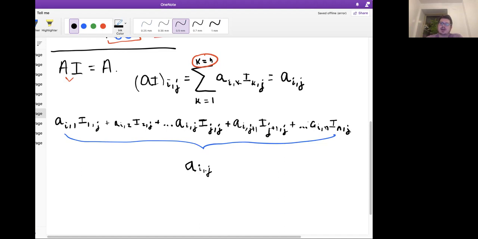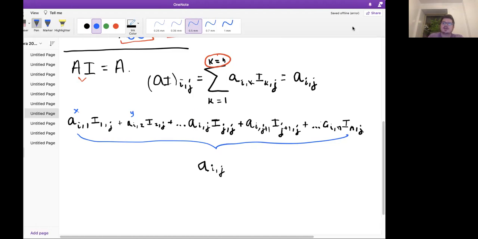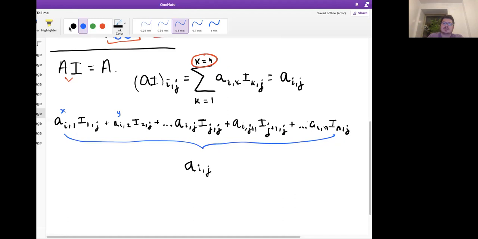Now that should seem kind of weird, but why don't we treat every single A as variables, just to think about what's going on. Because if this is true for every single A, that means every single entry can be every real number imaginable. And that kind of seems unlikely, right?